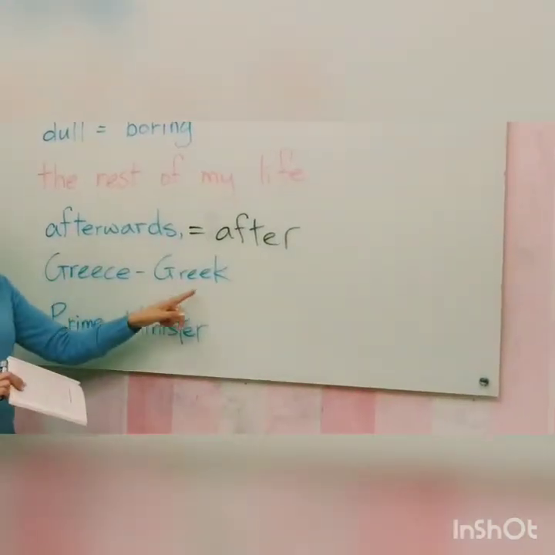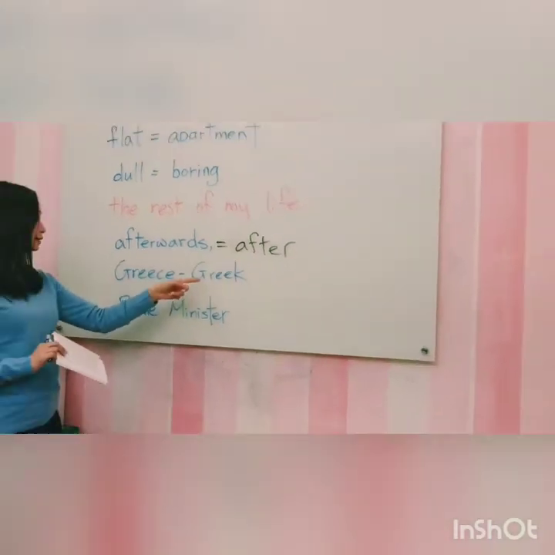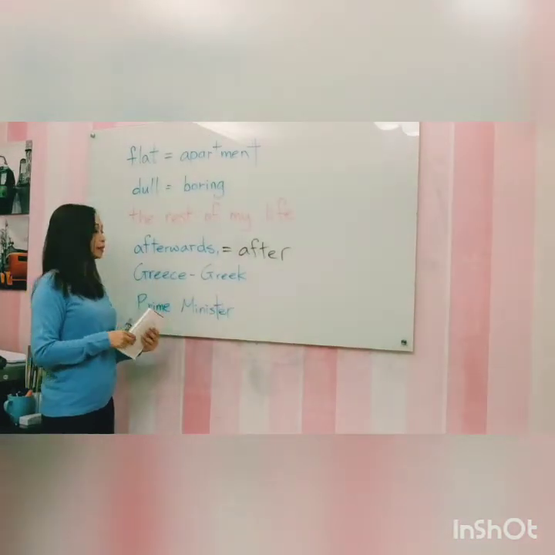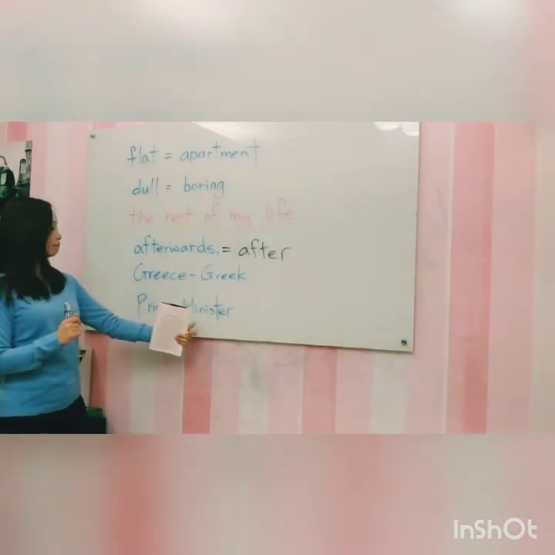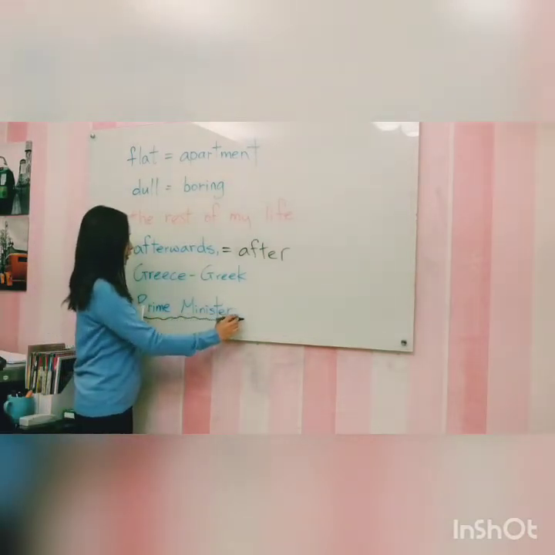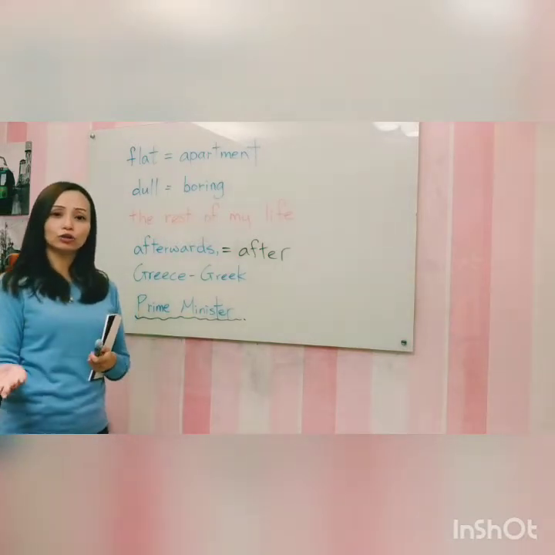Okay. Now down at the bottom, you see the words Greek Prime Minister. Greek, I think most of you know this word because we've talked about it in class. Greece is the country and Greek is the culture and the people. A prime minister is a person who manages a country. We would call it 首相.